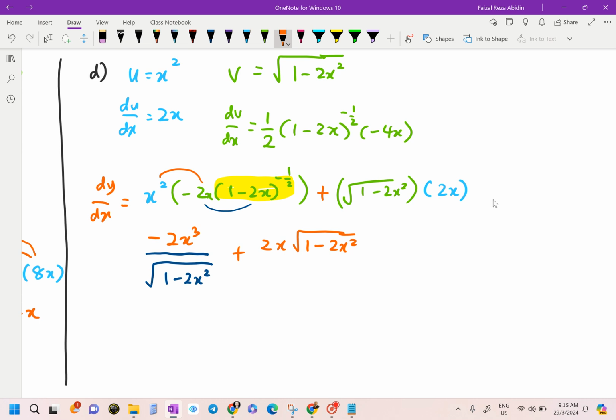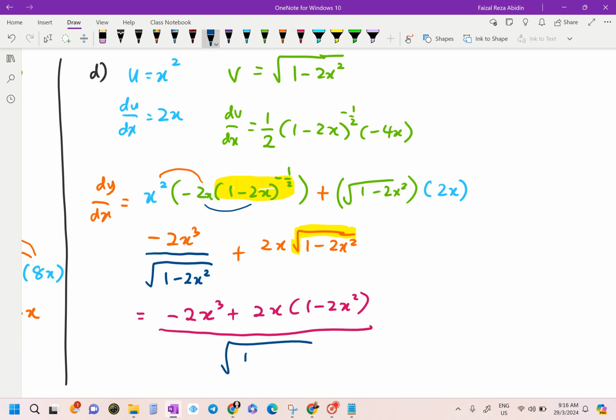So the square root over here is going to be with square. Am I right? If it's going to be with square, it means that you are going to have over here 2x times only 1 minus 2x squared, isn't it? So I'm going to get this one, just copy back, negative 2x cubed. I'm going to get over here 2x times 1 minus 2x squared, over everything there, because we are going to make our same denominator here.